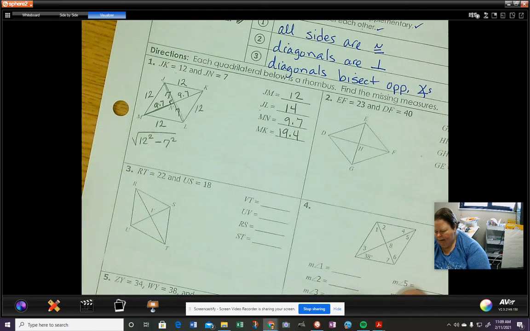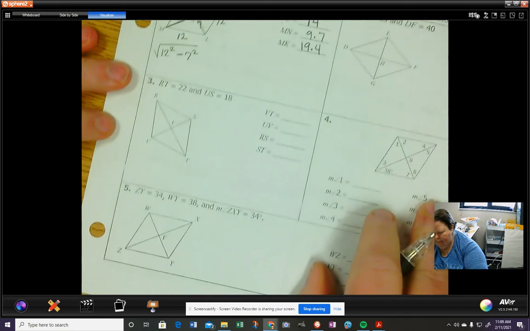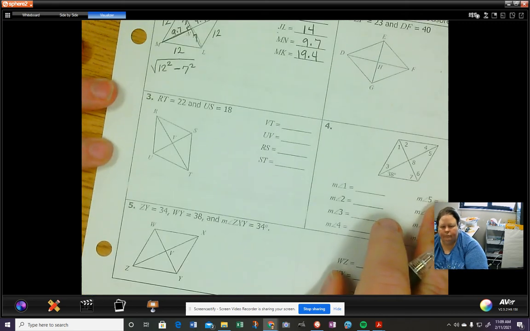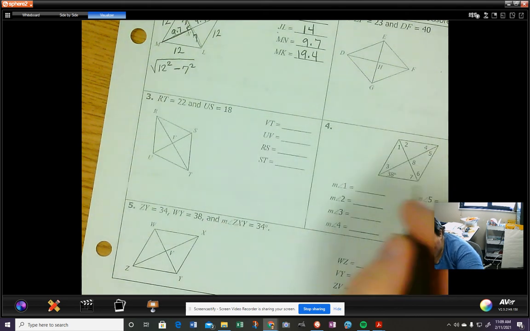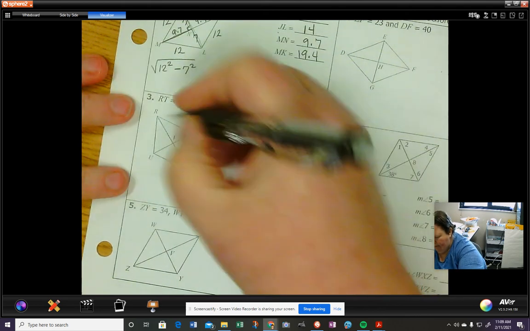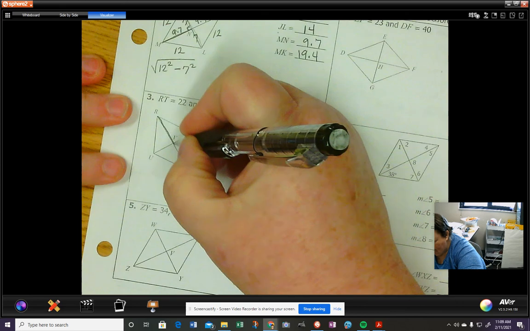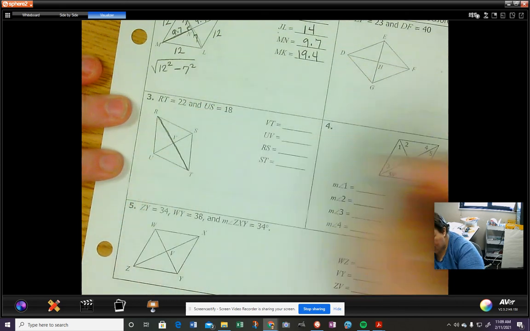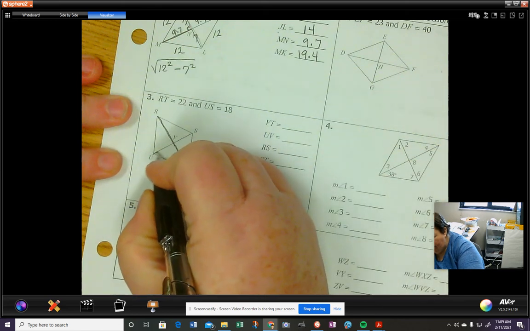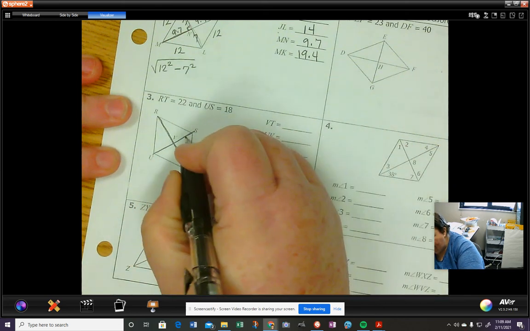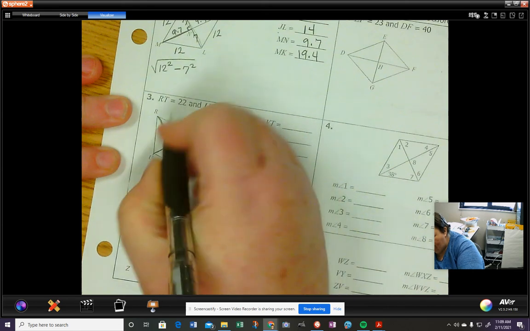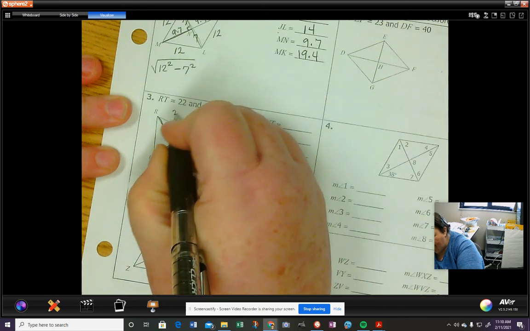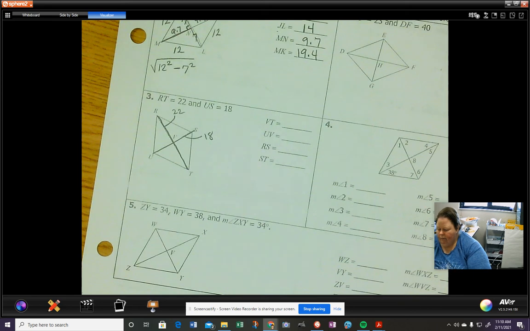All right. Let's try number 3. It says RT, this long diagonal right here, is 22. And US is 18. What else can we figure out about this shape?